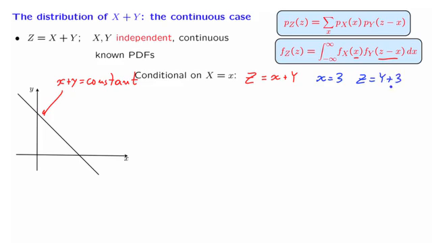Let us now calculate the conditional PDF of z in a universe in which we are told that the random variable x takes on the value of 3. Now, given that x takes on the value of 3, the random variable z is the same as the random variable y plus 3.